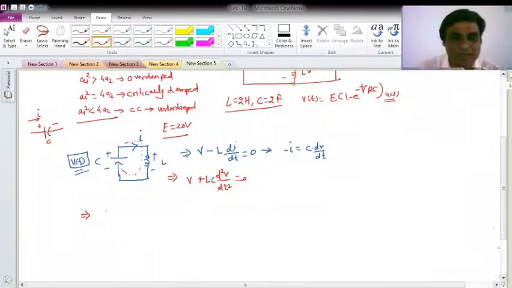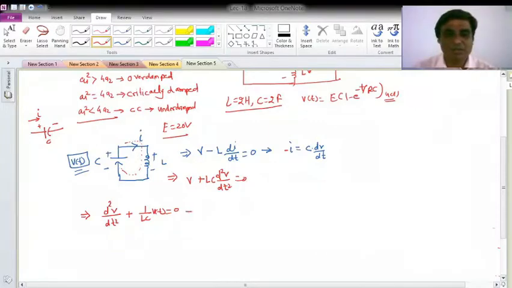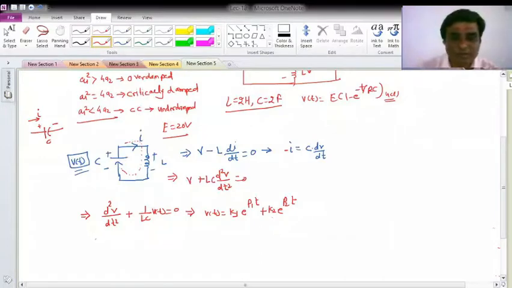Let me write it: d2V upon dt square plus 1 over LC V of t, and it is a homogeneous equation now. So I know how to solve, that is V of t will be k1 e raised to the first root p1 t plus k2 e raised to the second root p2 t, right? And my aim is to get P1 and P2 as also K1 and K2. So first find out the roots.